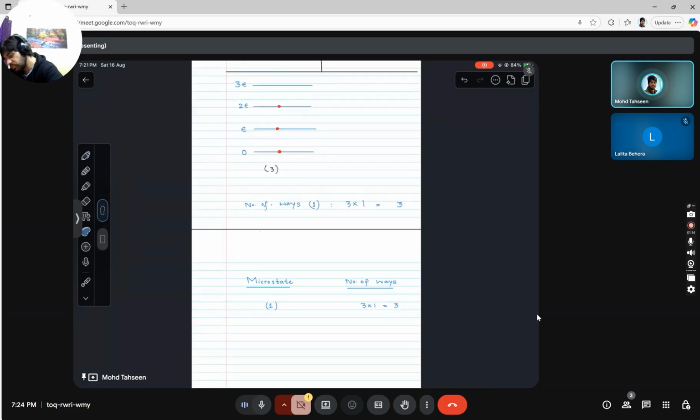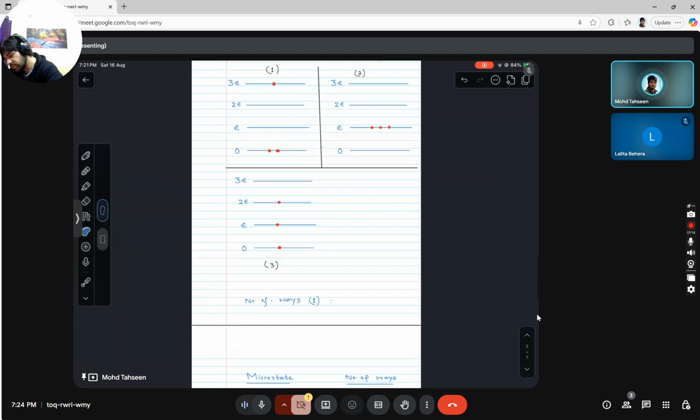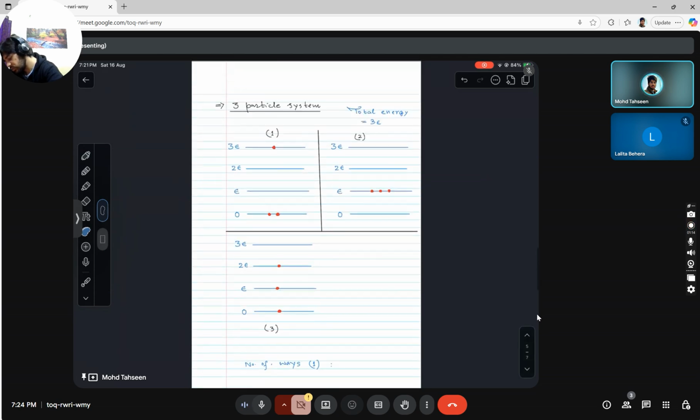Now what about the second microstate? How many ways can this microstate be assembled? If we use the same concept again, we know that there is a certain energy level epsilon and all the particles are going there, right?